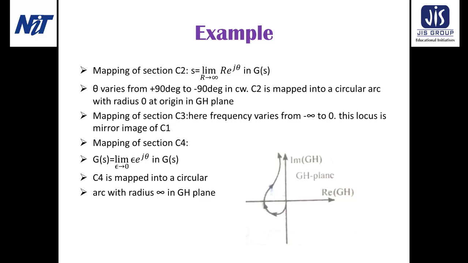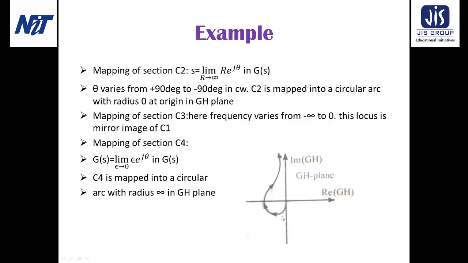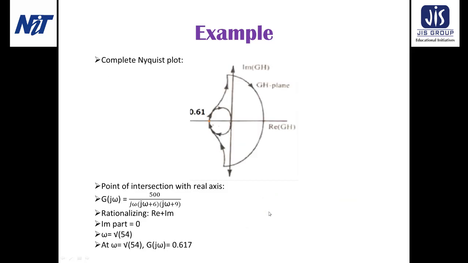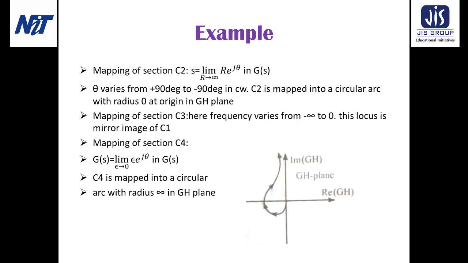For section 3, omega is varying from minus infinity to 0, and this is the mirror image of C1. So this is just the mirror image of section C1. For section C4, we can see that this is a very small radius semicircular arc, and hence I have put r = ε, where ε tends to 0, and s = ε e to the power jθ, where theta is varying from minus 90 to plus 90.